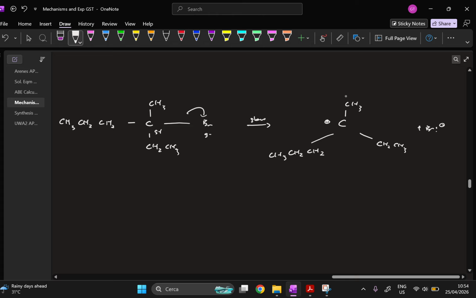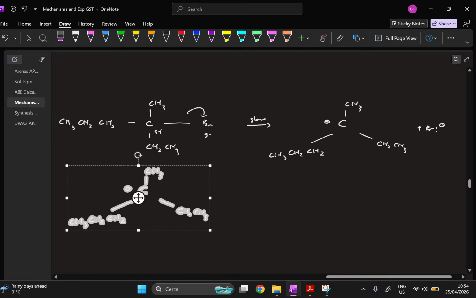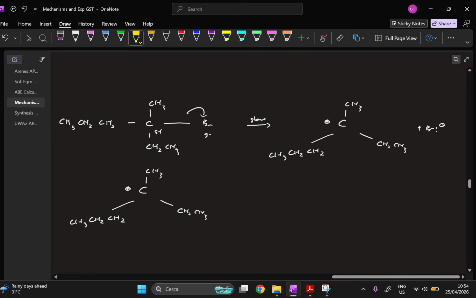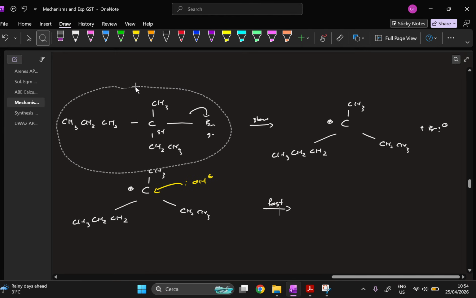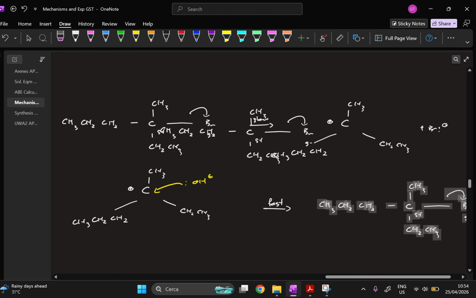And then when my OH minus nucleophile attacks this, it can attack from either the top or the bottom of the plane with equal probability. So this is going to be my fast step, and I am going to form basically just this thing, but replaced with OH. So it's going to look like that.